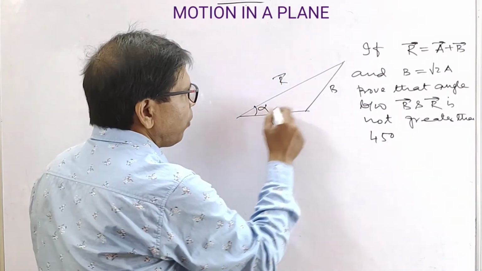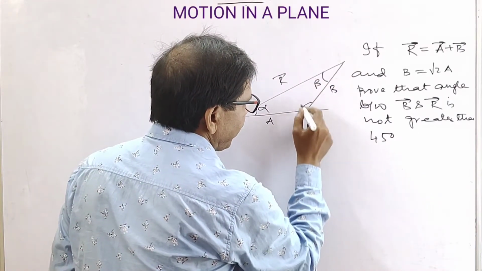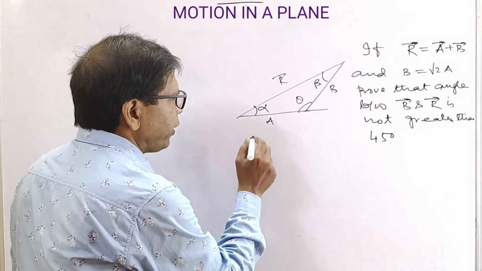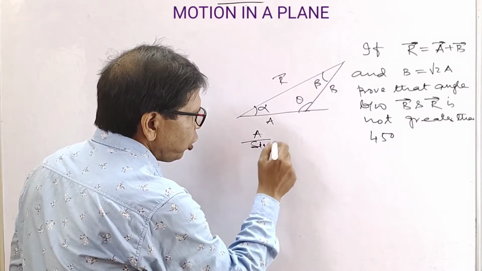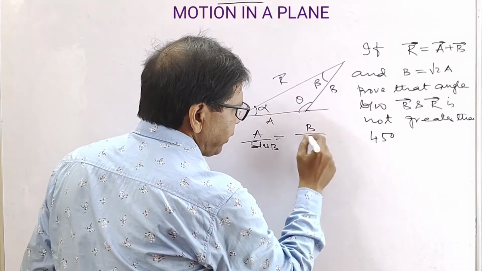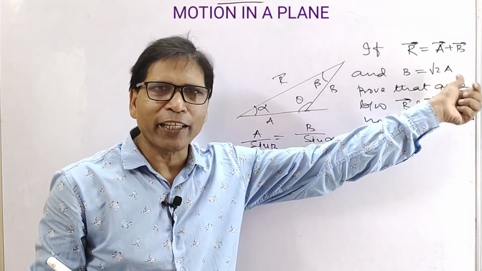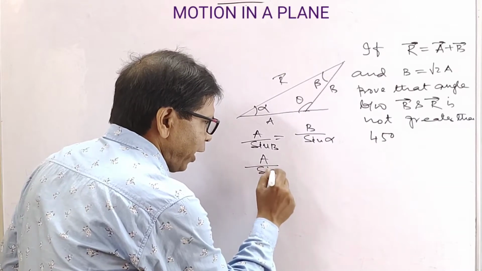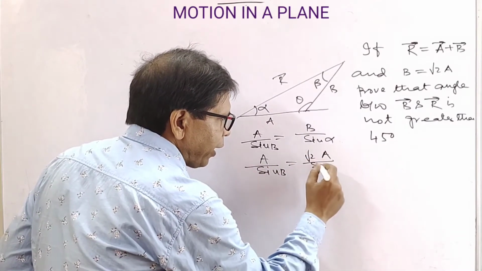Suppose this angle is alpha, this angle is beta, and this angle is theta. So from sine law we can write, this is A by sine beta, this equals B by sine alpha. Now here the relation between A and B is given. Now put this relation: A by sine beta and this is √2 A by sine alpha.